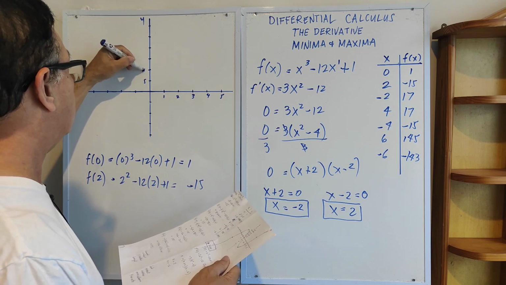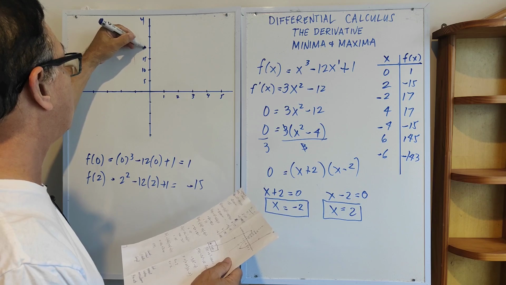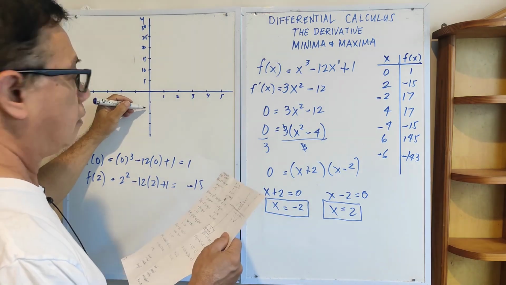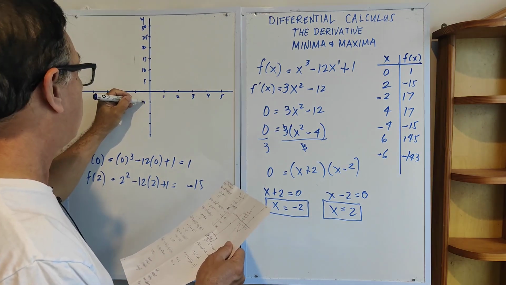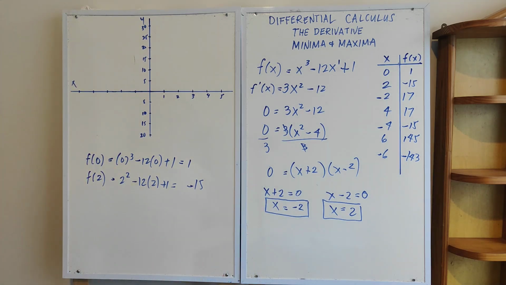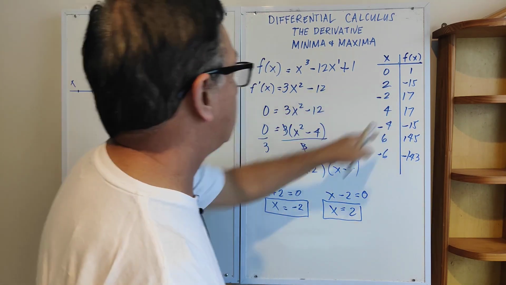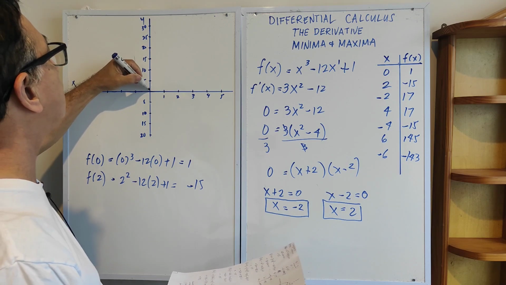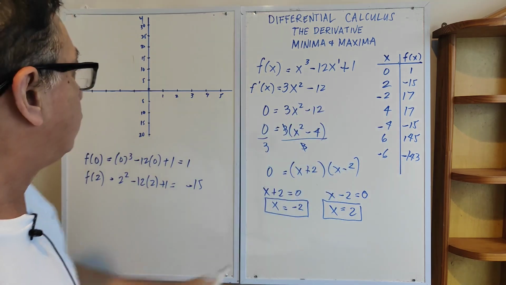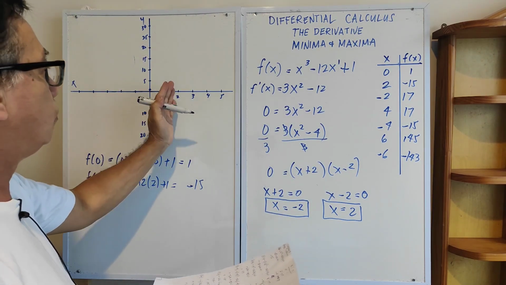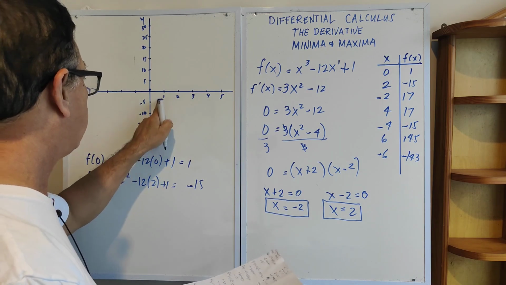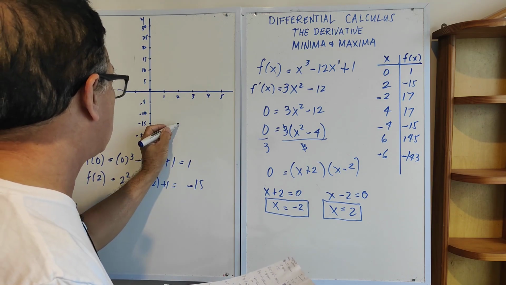This is 5, 10, 15, 20, 25, 30, and 5, 10, 15, 20 going down. Now 0 and 1 would be here approximately. 2 and negative 15 is around here.